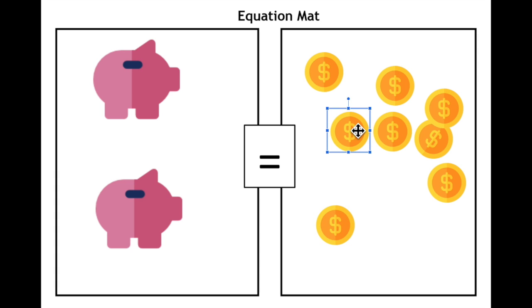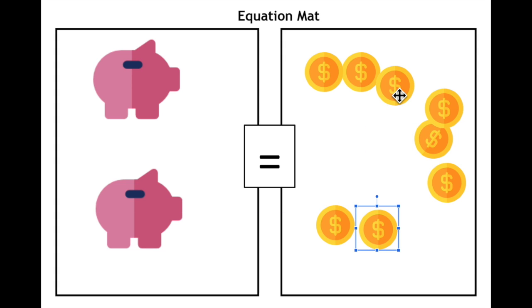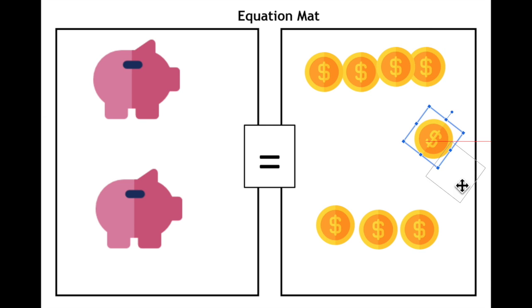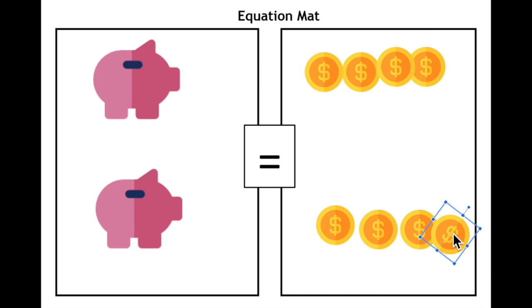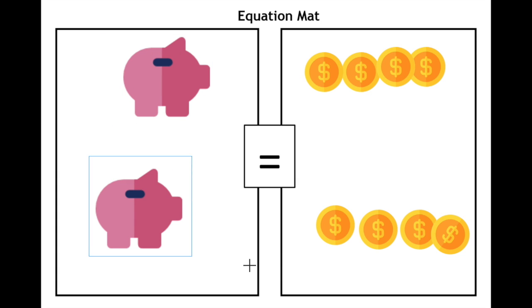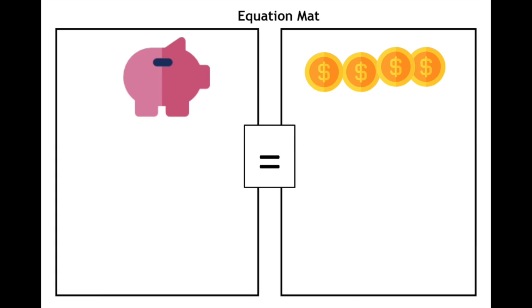One here, one here. Has anybody figured it out yet? Go ahead if you already got it. And one here, and one here, and one here, and one here. So, to clean this up a little bit, how many coins are in one piggy bank?